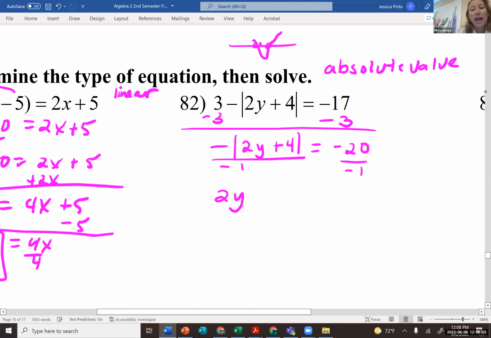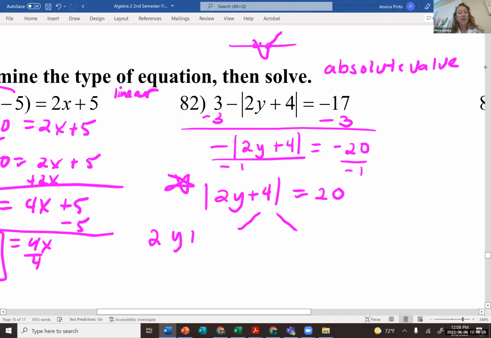Now I have the absolute value of 2y plus 4 is equal to 20. Sorry, the 2y plus 4 is an absolute value. It's at this step that we generate 2 different equations because there are 2 numbers that have an absolute value of 20, or 20 units away from 0.